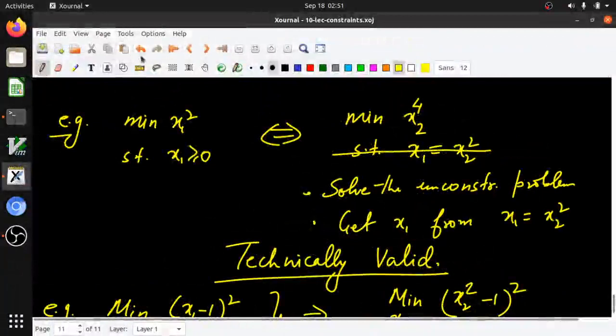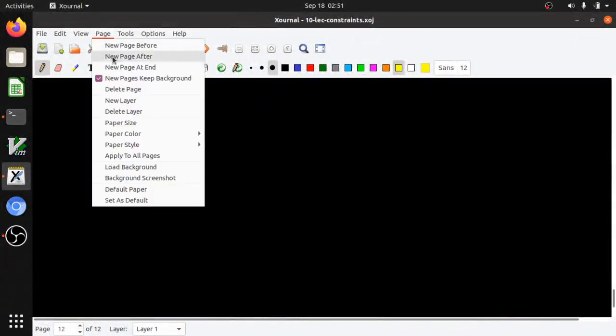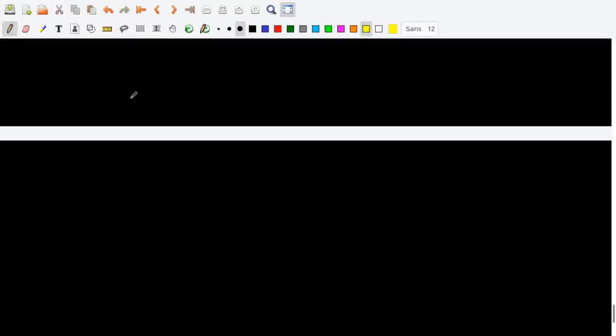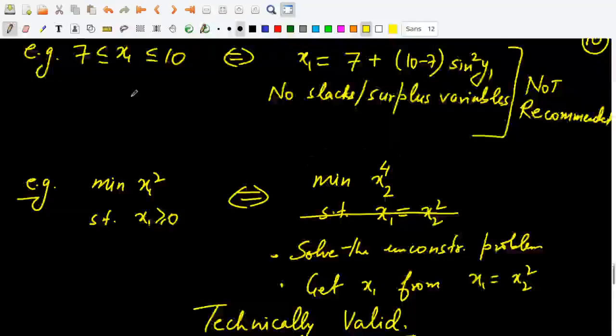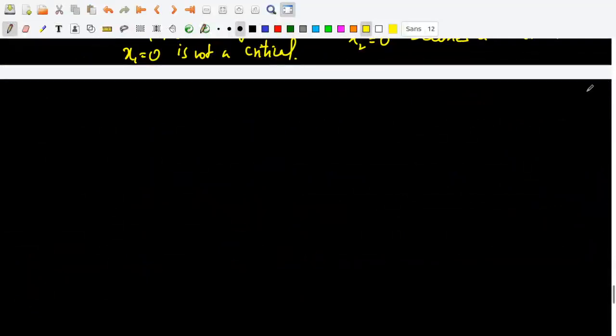We will not go too much into the details of these modeling tricks and why they are useful or not very useful, but rather we will look at some more terminology of these constrained problems.